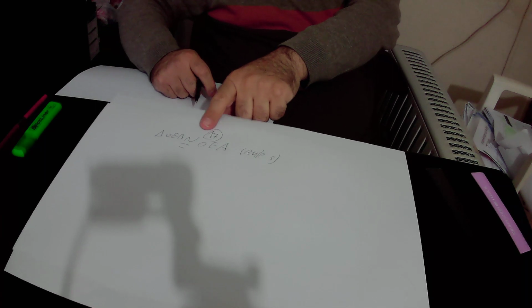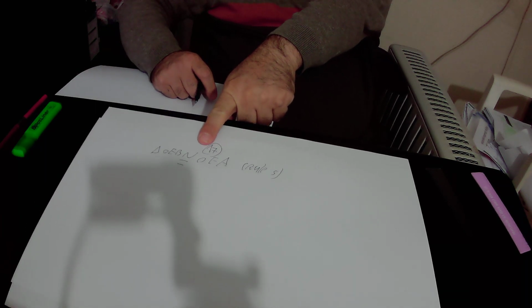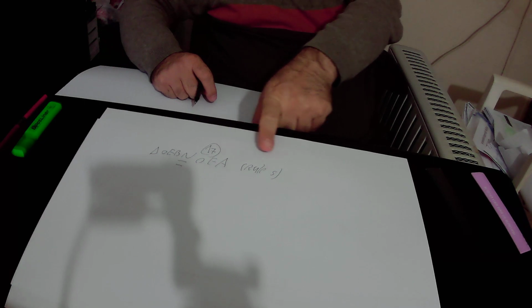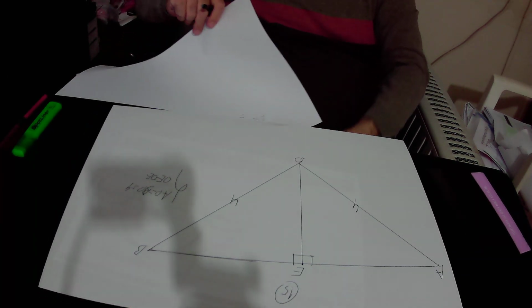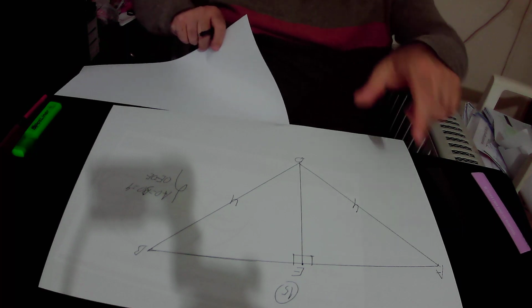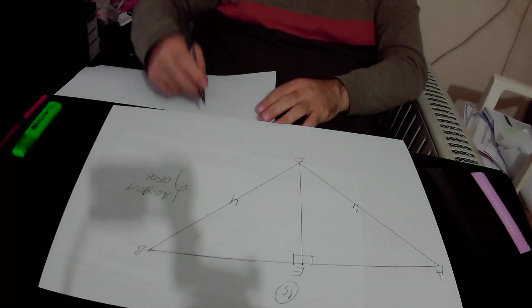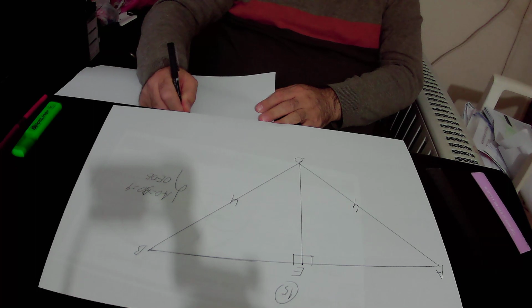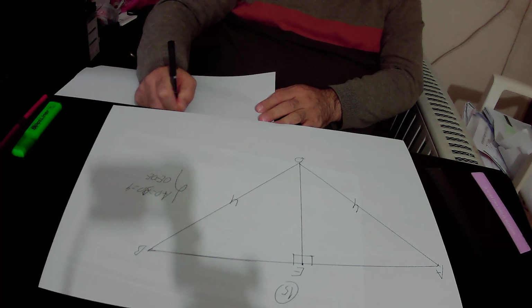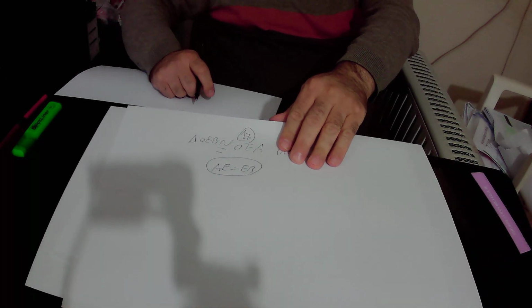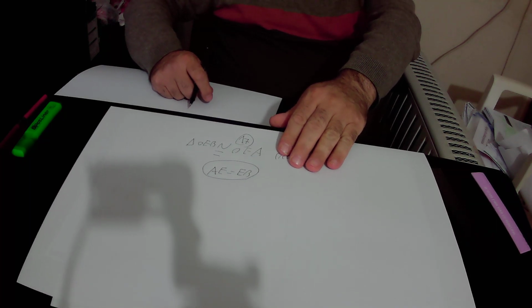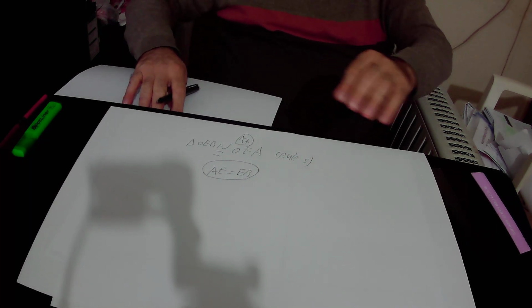Triangle OEB is congruent, this is the sign of congruent, to triangle OEA according to rule number 5. And from the fact that triangle OEB is congruent to triangle OEA, we conclude that AE equals EB. Side AE equals side EB, according to the rule that corresponding sides in congruent triangles are equal to each other.